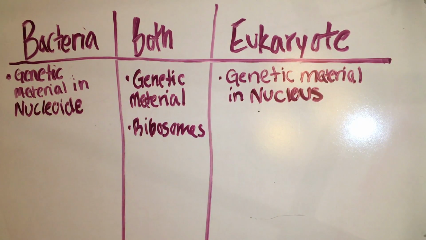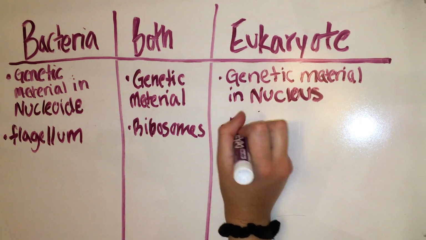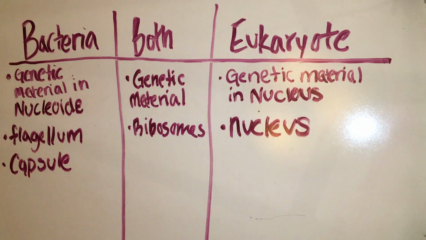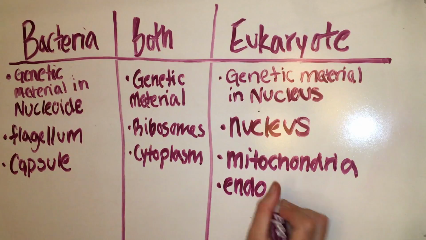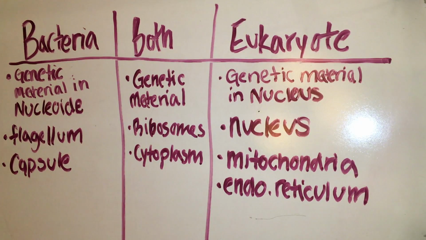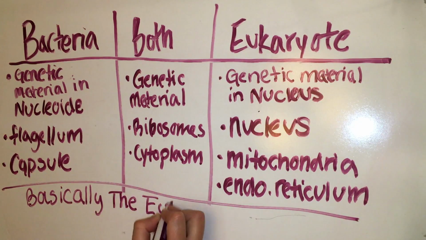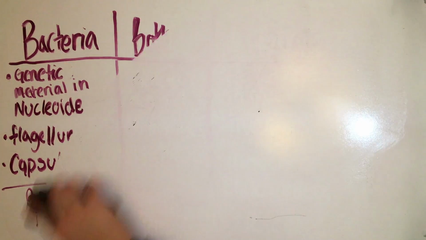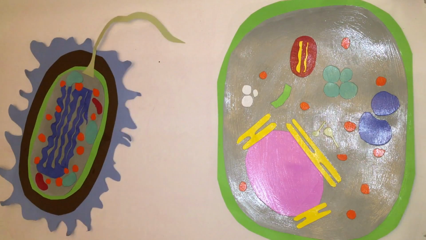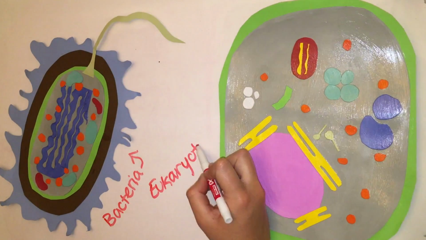They both have genetic material though. They both have ribosomes, but the bacteria has a flagellum, and eukaryotic has a nucleus and a mitochondria, and bacteria has capsules, and eukaryotic has endoplasmic reticulum. Oh my gosh, this could go on forever. Basically, the eukaryotic cell is much more complex than bacteria. As you can see, there's a bacteria and there's a eukaryote cell.